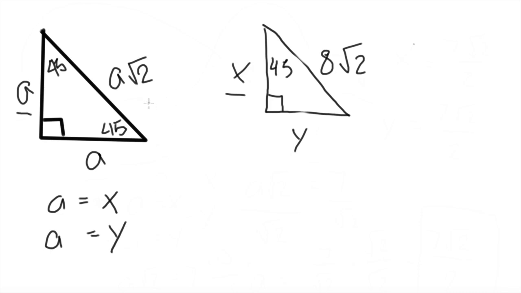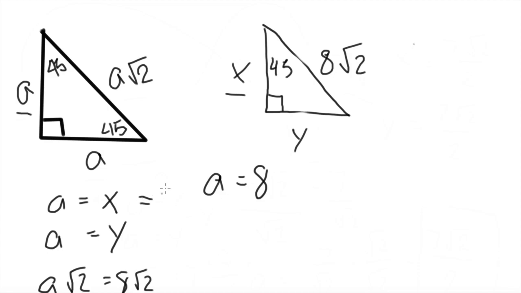And we also know that a root 2 and 8 root 2 are equal. So we're going to go to the equation that only has one variable in it. So that's going to be a root 2 is equal to 8 root 2. And you should have gotten, once you divide through by root 2, that a is equal to 8. And because of that, x is equal to 8 and y is equal to 8.